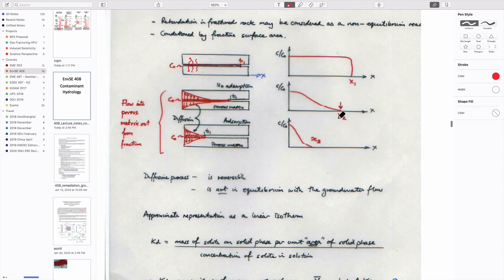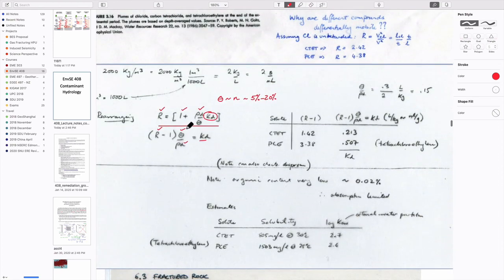And if we know what the distribution coefficient KD is, then we have everything we need to see what the retardation is. And if we know what the retardation is, then we can say how far the plume will go in a given time, how much it will be attenuated over the case where it's conservative, and what the concentrations will be as we go downstream. So that's where we are.